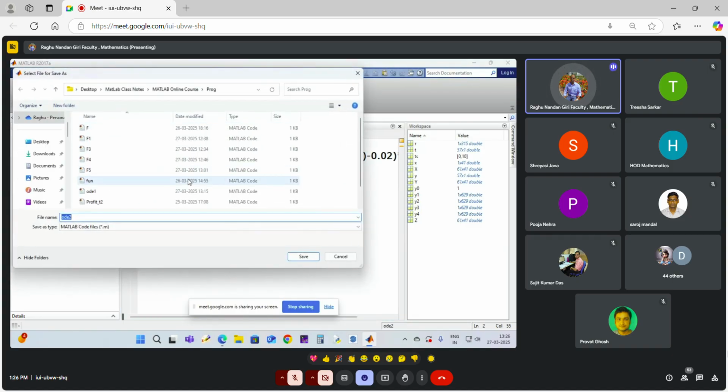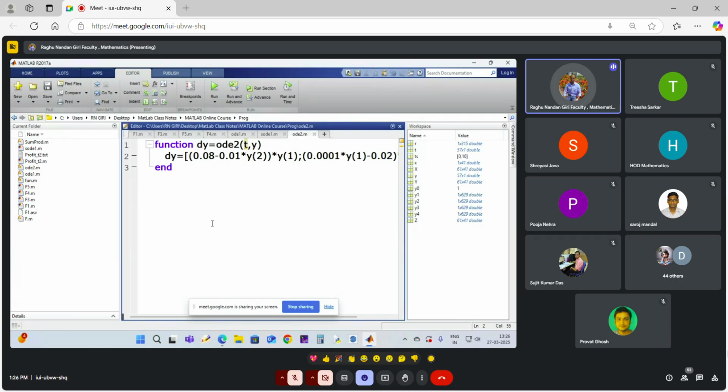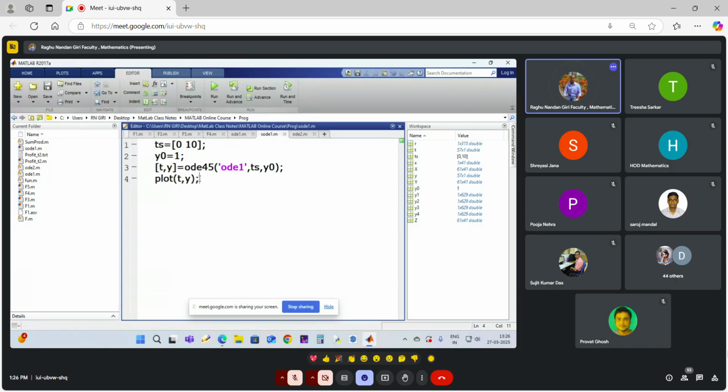Okay, this is the ODE function for these two first order ODEs.